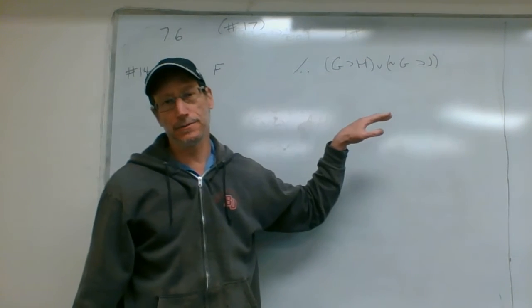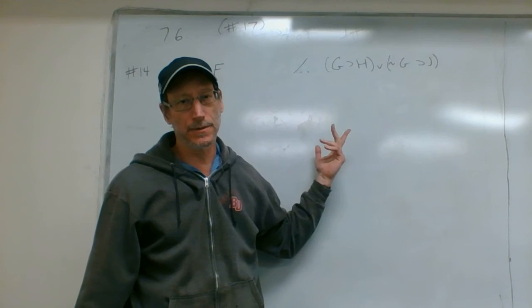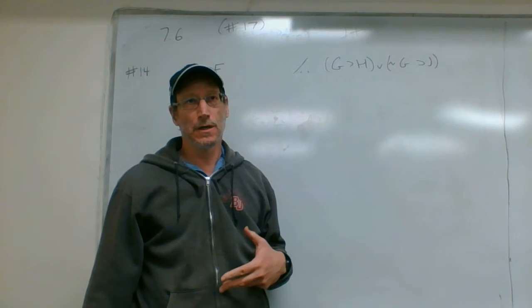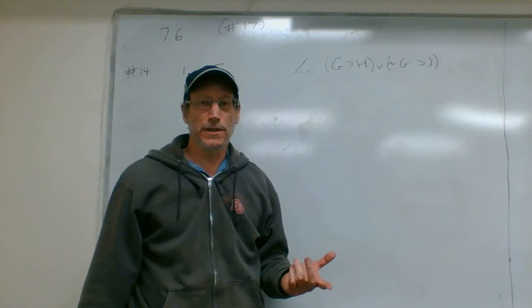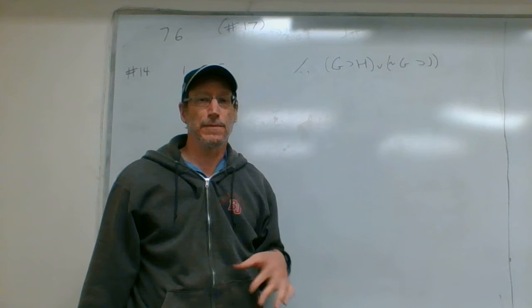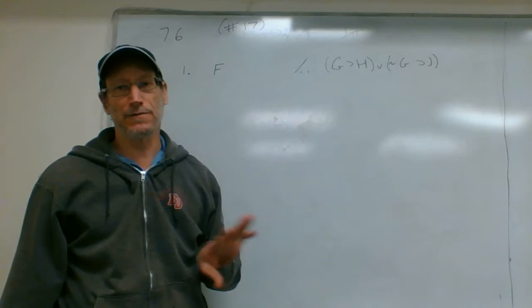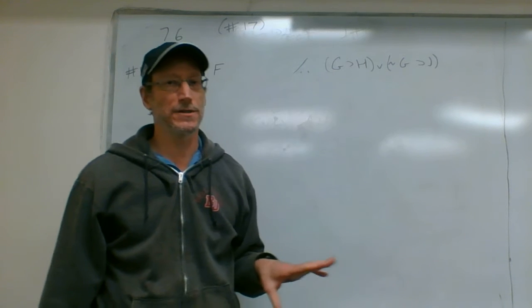In fact, if we were able to go on to 7.7, which we're not going to do for this class because it's just too much at this point, maybe I'll talk a little bit about it even though it's not going to be on the final. So 7.7 is not going to be on your exam.